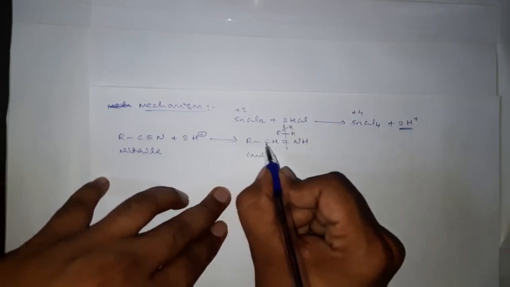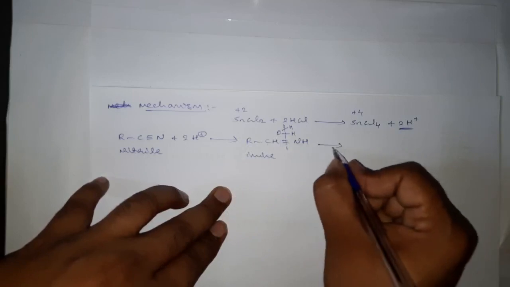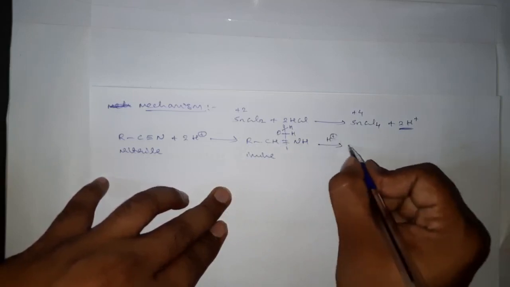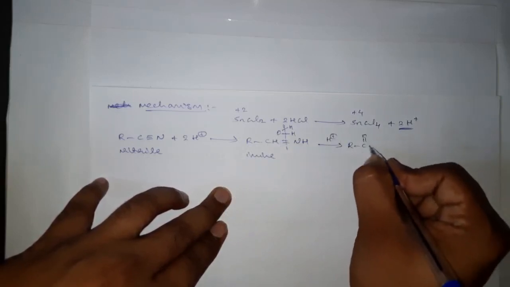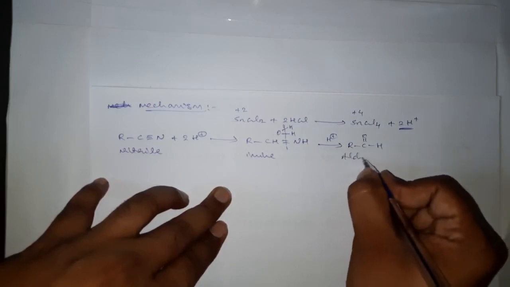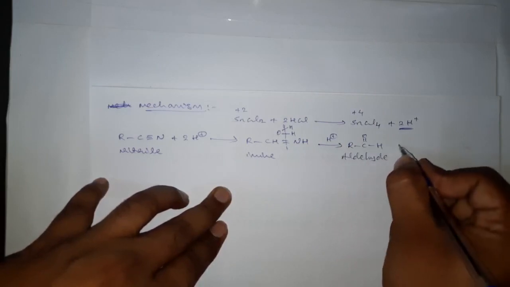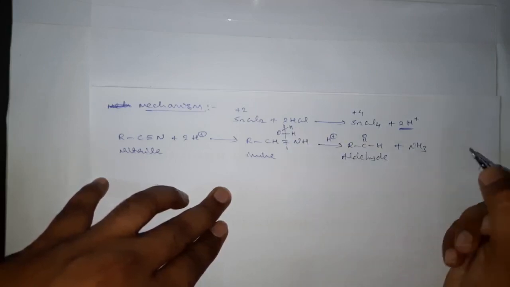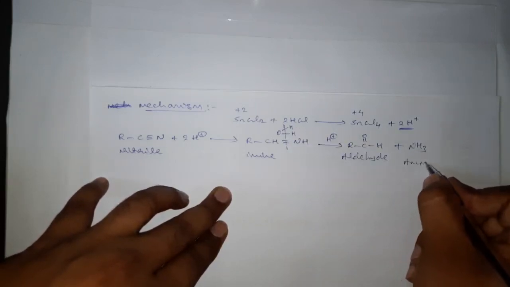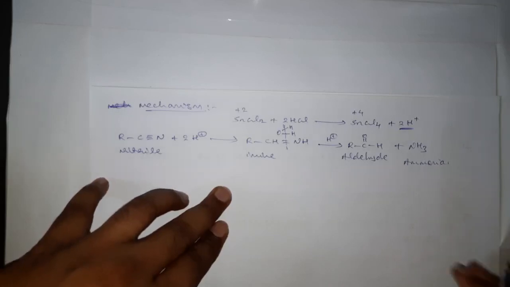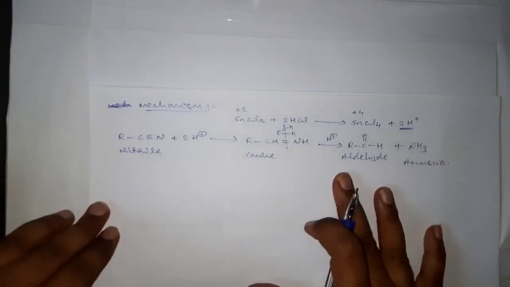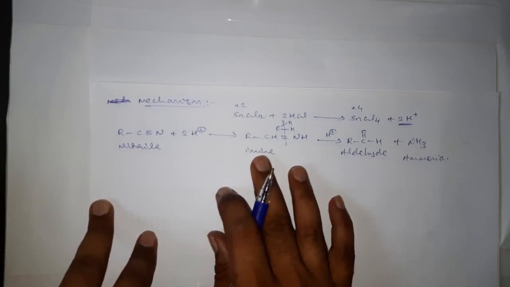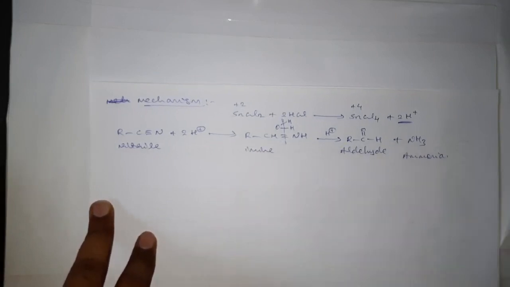That is RCHO in presence of an acid as a catalyst, RC double bond OH, that is aldehyde, plus NHHH, that is NH3, ammonia. Correct? This is the general reaction mechanism, and it is for understanding purposes only. Okay, thank you.